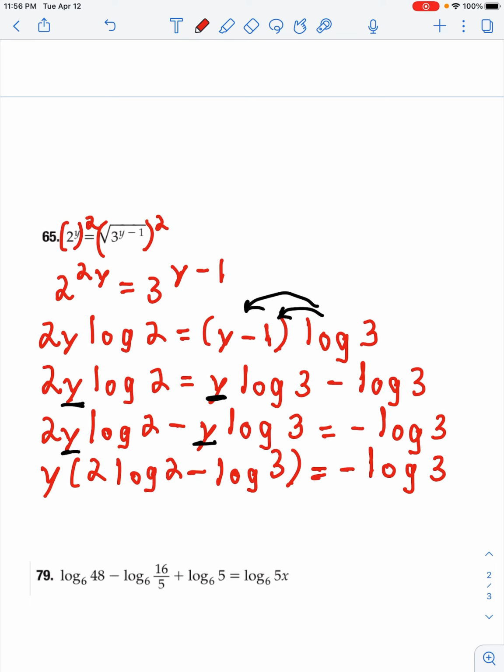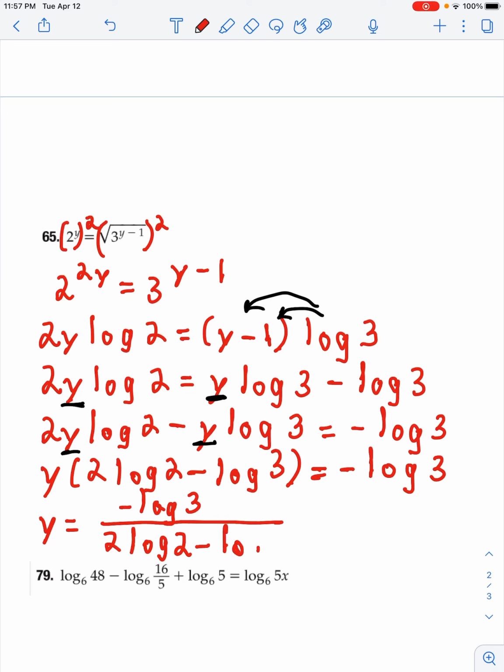And all we're going to simply need to do to finish solving is to divide both sides by 2 log 2 minus log 3. So I'm going to have the opposite of log 3 all divided by 2 log 2 minus log 3.